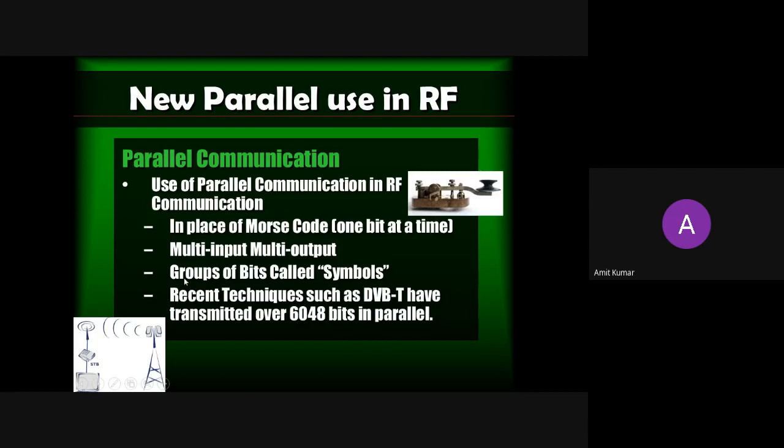That system contains multiple input and multiple output systems, and the groups of bits are called symbols. In recent technology, we are using DVB-T, which transmits data wirelessly with a width of 6048 bits in parallel.